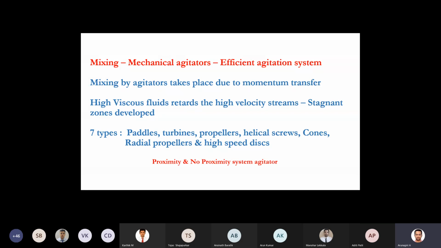In such cases, even if you want to create high velocity streams when the stirrer rotates, the viscosity of the liquid will give more resistance to this high velocity liquid. It will retard, and the energy is not transferred properly to the successive liquid molecules, and the mixing is stopped, so you will get non-uniform mixing in the vessels.